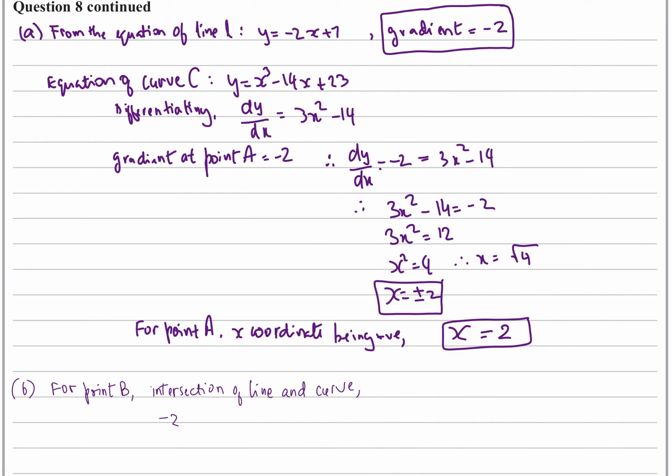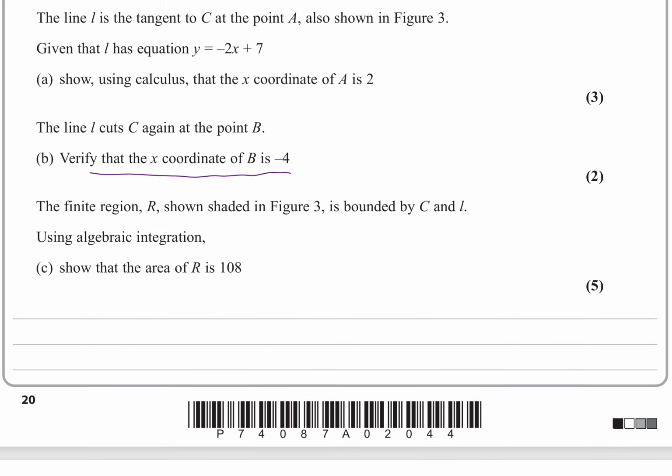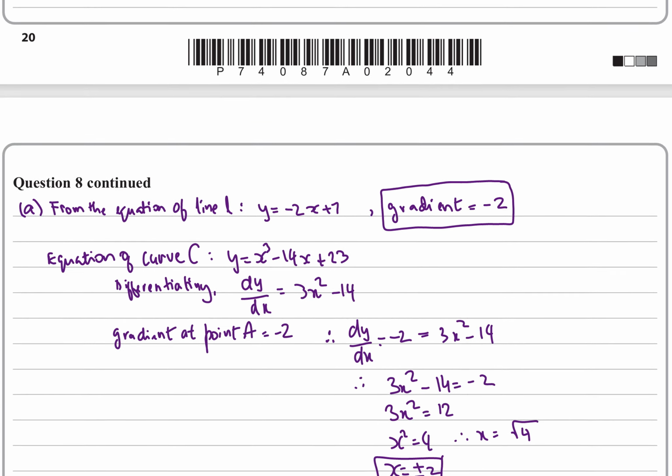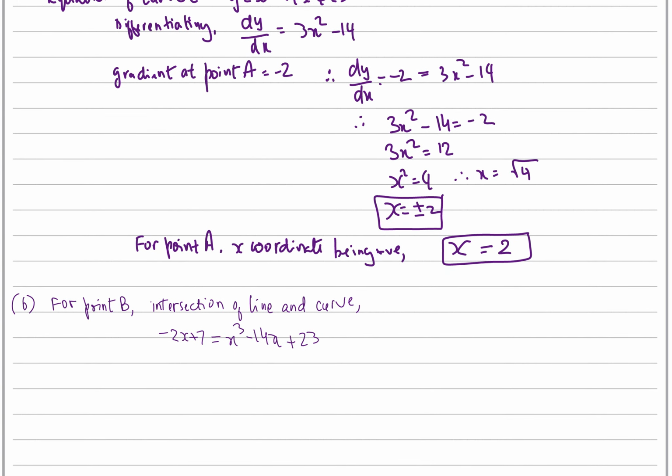We write that we have both y: -2x plus 7 is equal to x cubed minus 14x plus 23. Then we can bring them all to the same side. Therefore x cubed minus 14x plus 2x, that's minus 12x, and plus 23 minus 7, that's plus 16, is equal to 0.